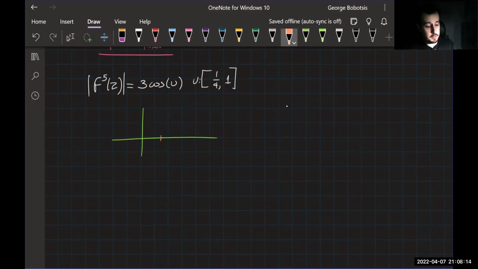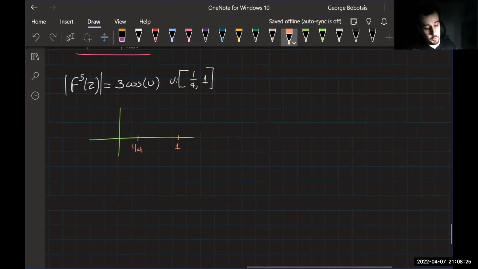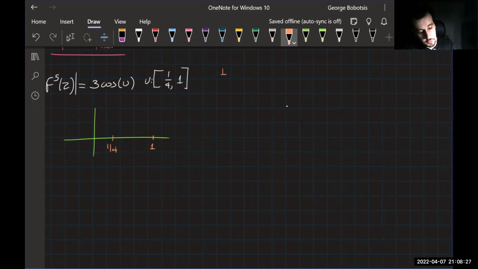Let's figure out what it looks like. 1/4 and then 1. Okay, so cosine of 1, what is that angle? Let's just convert that to an angle real quick so I can understand where we are. 1/4 radians or 0.25 radians. What is that an angle? We have pi radians here and 180 degrees. So that is 0.25 times 180 divided by pi, about 14 degrees.